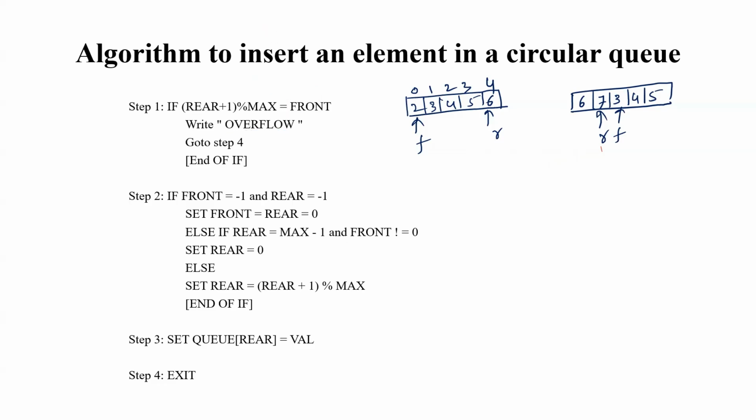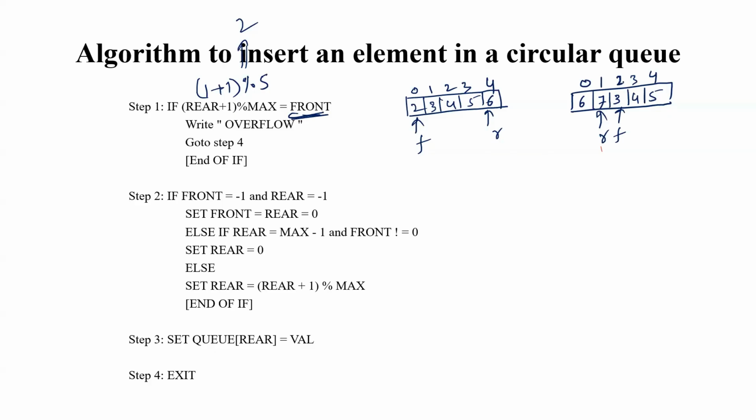So let's apply the formula. What is the value of r? The value of r is 1 here. So (1 + 1) % max. Max means the maximum size of the array or queue. So it is 2 % 5. 2 % 5 will come as 2. And what is the value of front?